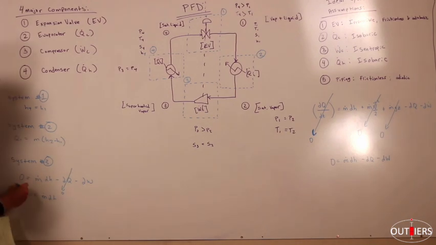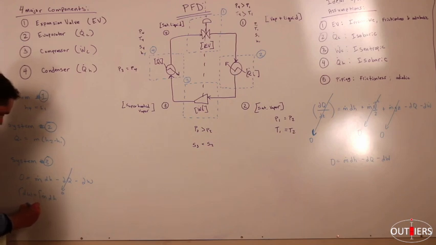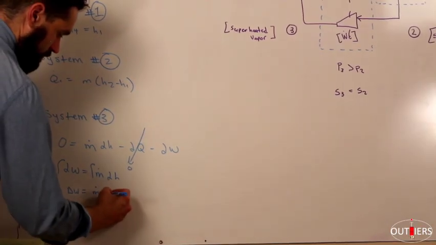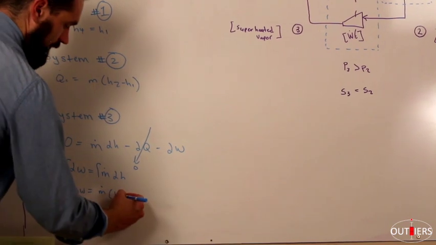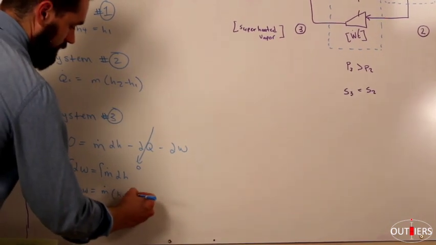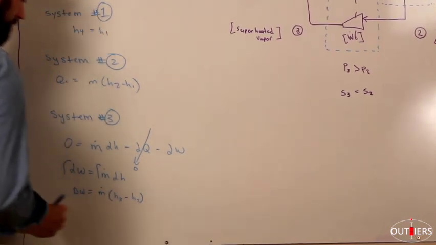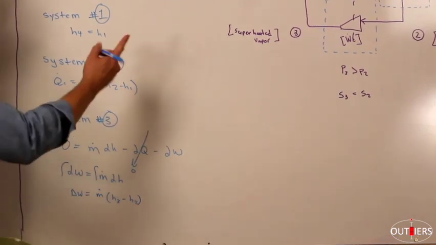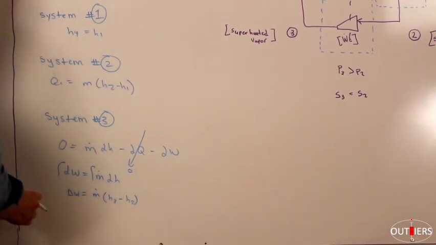If we integrate this, we wind up with the work input equal to the mass of the system times the enthalpy change.